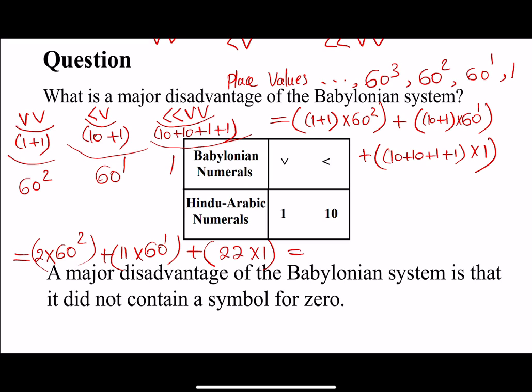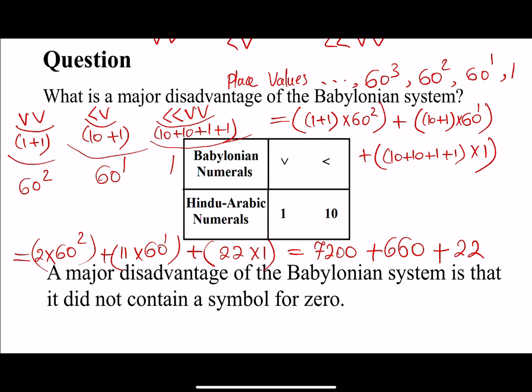Okay, use your calculator. 60 squared times 2 is actually 7,200 plus 11 times 60 is 660 plus 22 times 1 is 22.